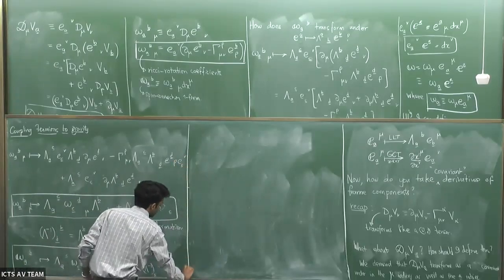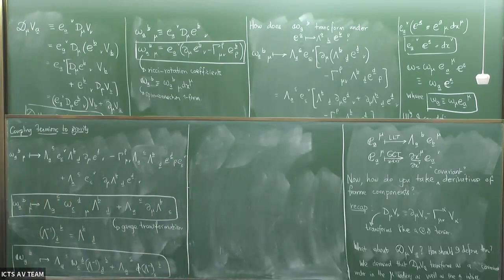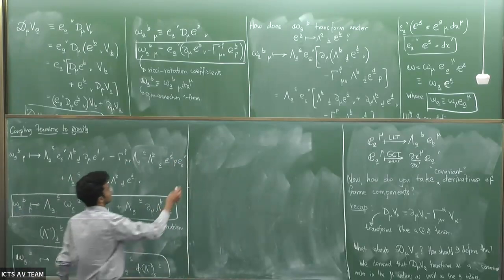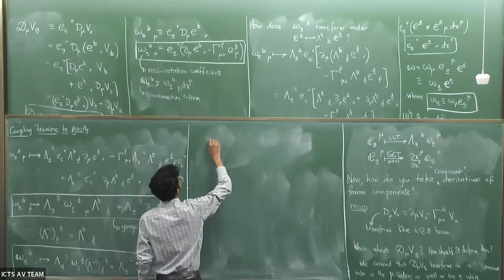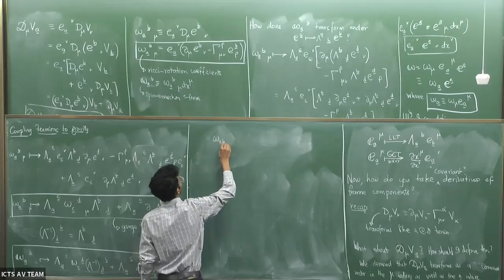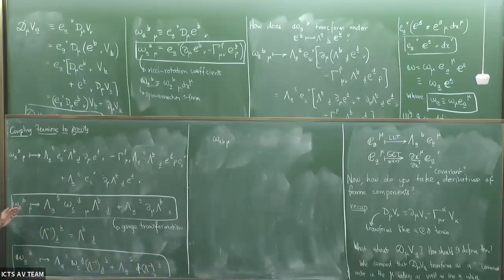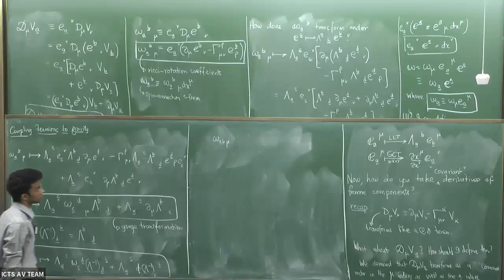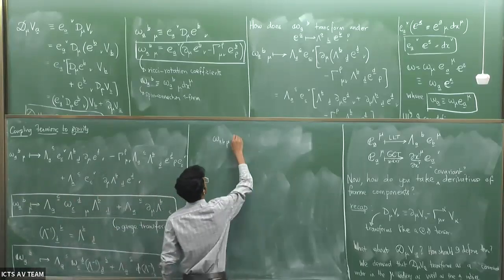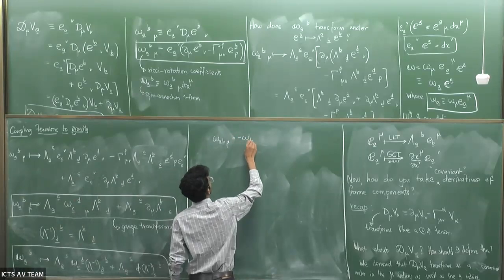One interesting property of these spin connection coefficients is that omega A, B, mu, remember that you raise and lower frame indices with eta, is equal to minus omega B, A, mu.